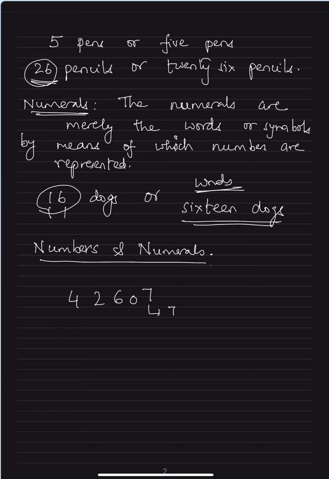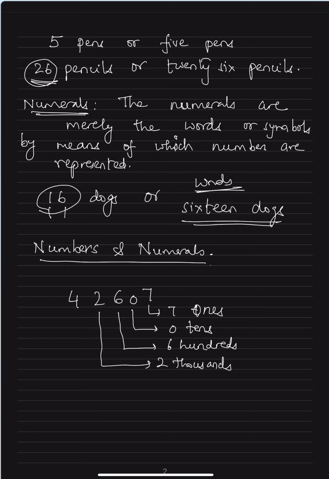I will write 7 ones, 0 tens, 6 hundreds, 2 thousands, and 4 ten-thousands. So there are 4 ten-thousands, 2 thousands, 6 hundreds, 0 tens, and 7 ones.